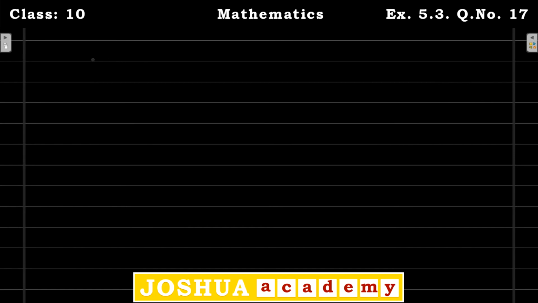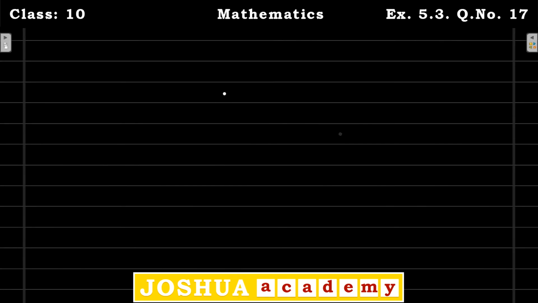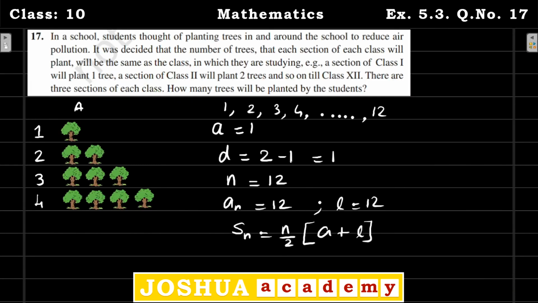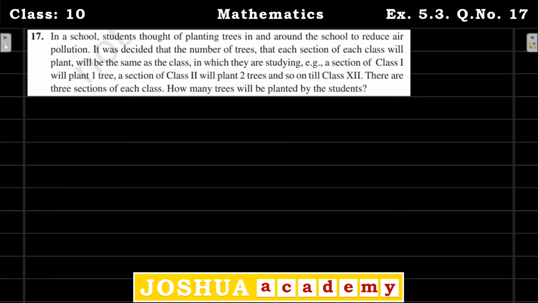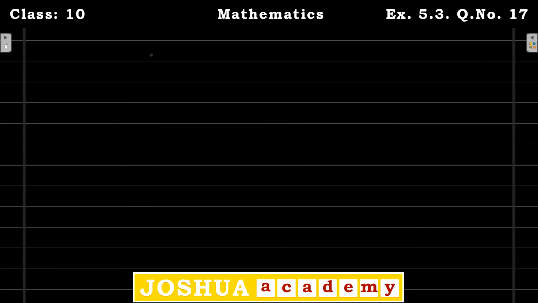Now write the formula. S_n is equal to N upon 2 times A plus L. Now I am going to find the sum of numbers from 1 to 12.